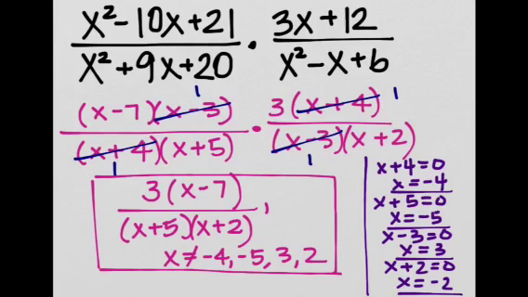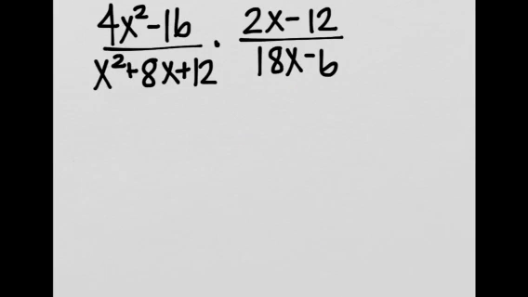So let's take a look at one more example, and I think that should cover pretty much how we multiply rational expressions. So here I have 4x squared minus 16, so I want to factor my numerator. I'm going to start by factoring my GCF, so I get 4 times x squared minus 4. Now, if you recognize the x squared minus 4 is the difference of perfect squares, so that can actually be factored even further.